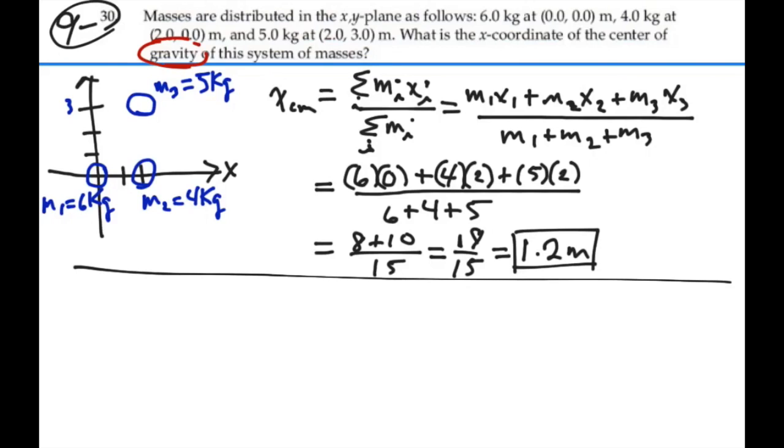Just for fun, let's calculate the y center of mass. Y center of mass would be equal to mass 1 times its y position plus mass 2 times its y position plus mass 3 times its y position, all over the total mass of the system.